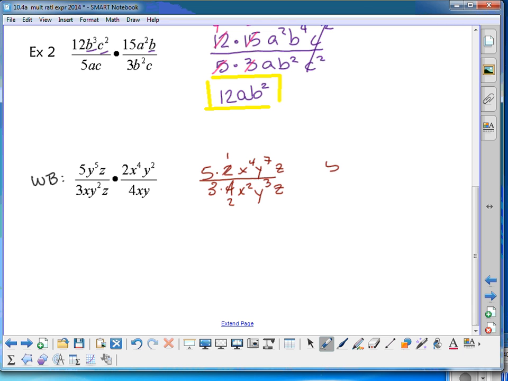So I've got 5 on top, and 3 times 2, or 6 on the bottom. I've got an x to the 4th on top, x squared on the bottom, so that means there's 2 more x's, and they're on top. And then y to the 7th over y cubed gives me y to the 4th, and then the z's just cancel out. All right, let's take a look at another example.